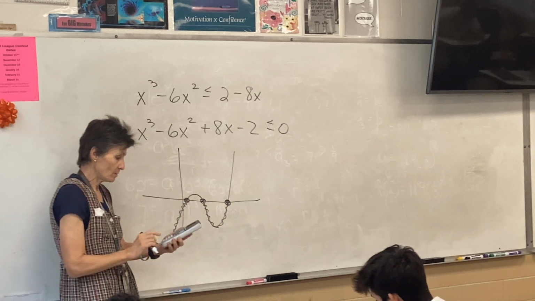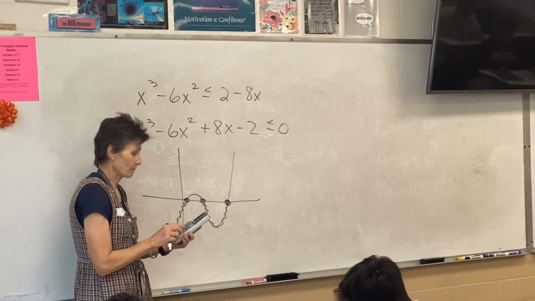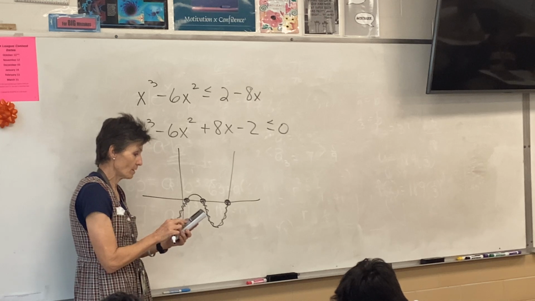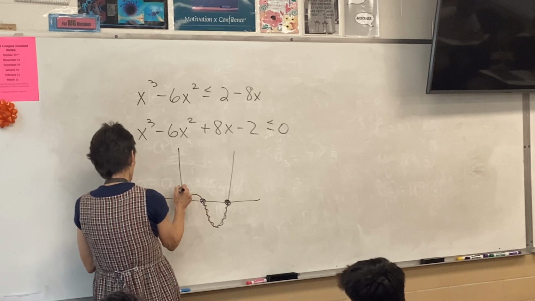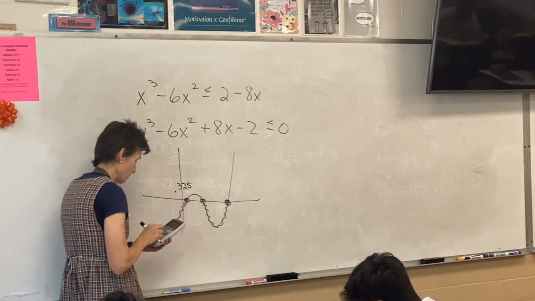So, remember how we do that? Second calc, 0. And then left bound, right bound, around the point you're looking for. I'll write down mine and you compare. I got 0.325 for that one.